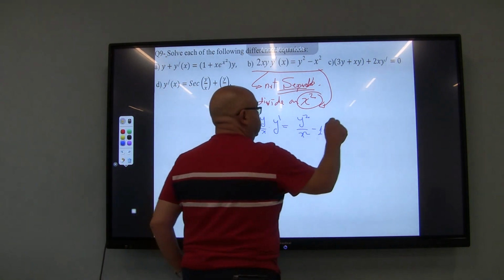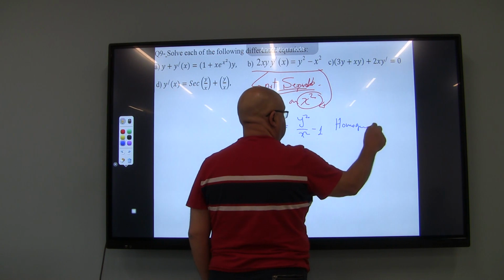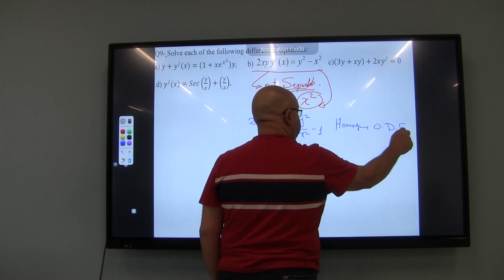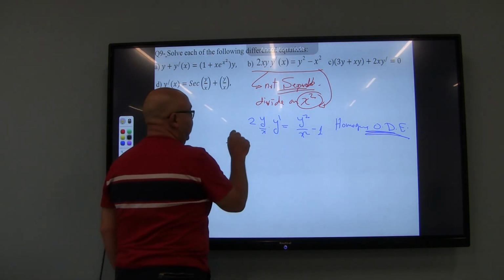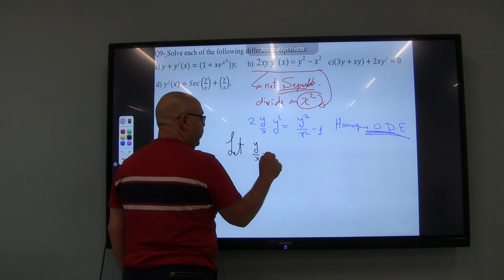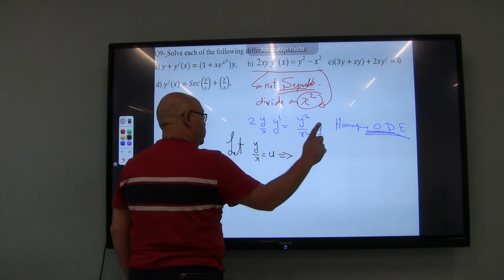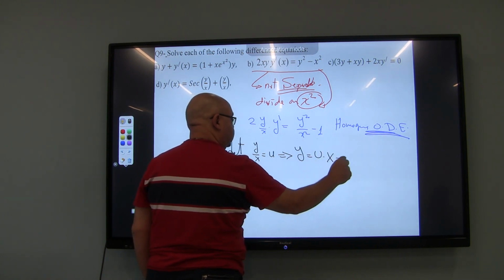So it is a homogeneous ordinary differential equation. So I go back and say, let y over x equal u. Cross multiplication, y will equal u times x.